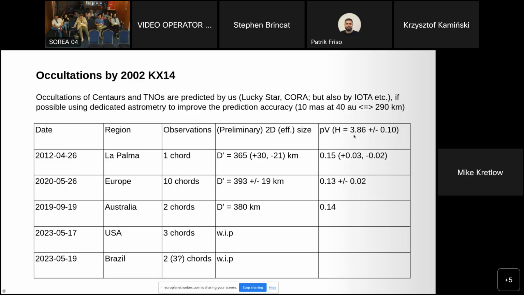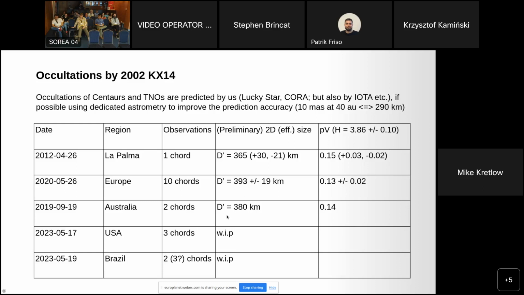And if you use the absolute magnitude, which was also used in the Herschel and Spitzer papers, TNOs are Cool, then you can calculate the visual albedo from that, and that's 0.15. And for 2020 we have the best occultation so far, observed with 10 or even 12 chords, which gave for now a diameter of 393 kilometers. And we have another observation in 2019, which also allows only a circular fit.